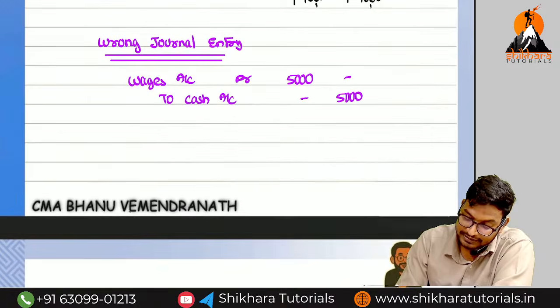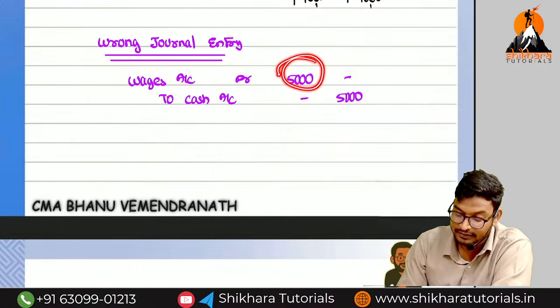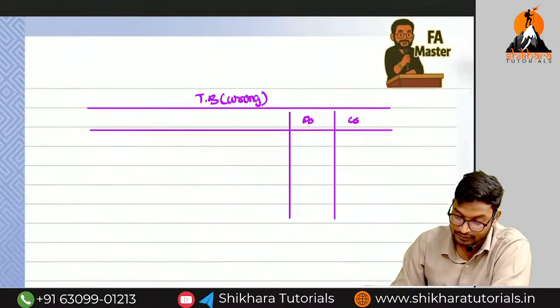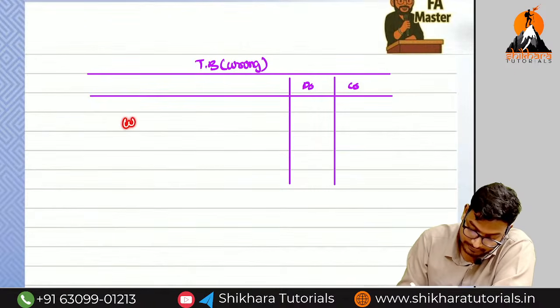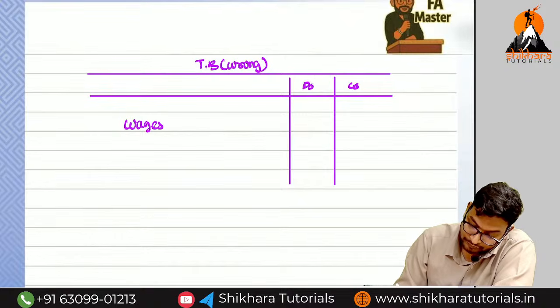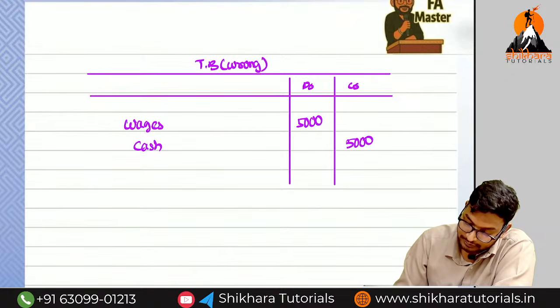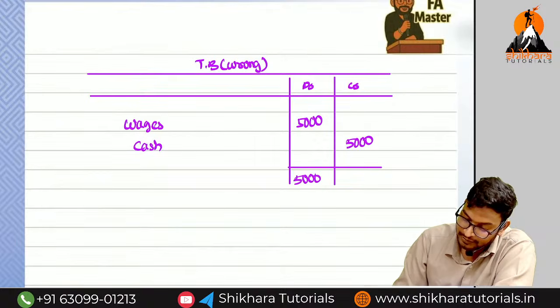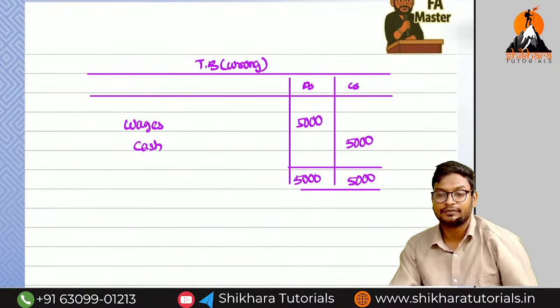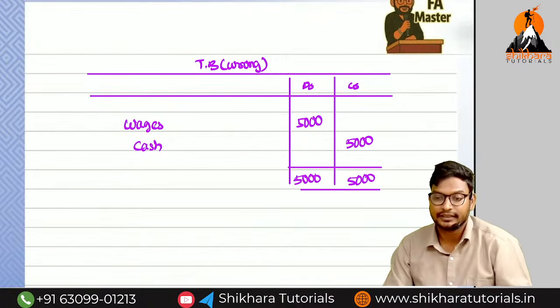Debit side, because if it is present on the debit side it means debit balance, credit side means credit balance. So wages $5,000, cash credit side 5,000. If you do the total, will it tally or not? It is tallying, so is it affecting the trial balance or not, amma? Not affecting the trial balance.